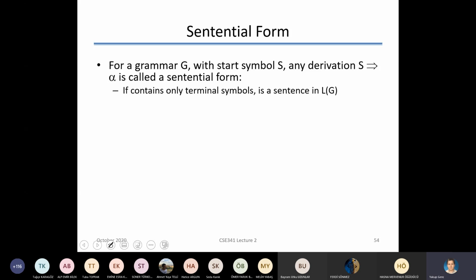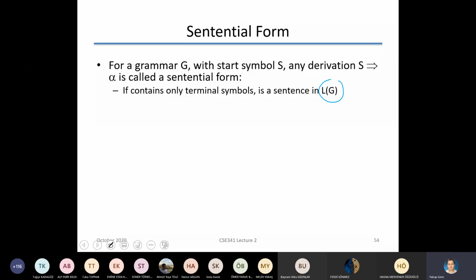If it contains only terminal symbols, it is a sentence in the language generated by G. The language generated by G is expressed with this term here, L of G, the language instances, the possible sentences that I can generate. It may be infinite.